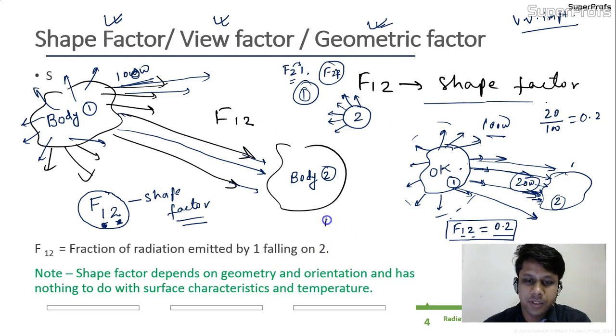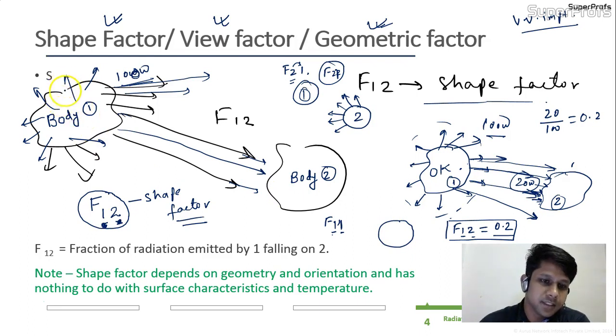Now can you tell me what is F11? It is the fraction of radiation of 1 falling on 1 itself. Let us say there is a concave surface. In this case we have considered the outer surface of this body. Let us consider the inner surface, because both surfaces will radiate.